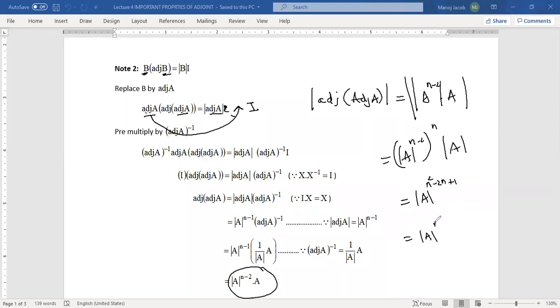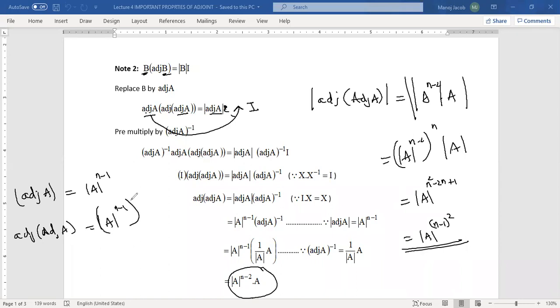So determinant of A raised to n minus 1 the whole square. You can think of it like this also, but it is very easy to do this. Adjoint of A's determinant is determinant of A raised to n minus 1. If you take one more adjoint, it becomes determinant of A raised to n minus 1 whole raised to n minus 1. Every adjoint will make the power n minus 1. So determinant of A raised to n minus 1 squared. That's exactly what you see here also.